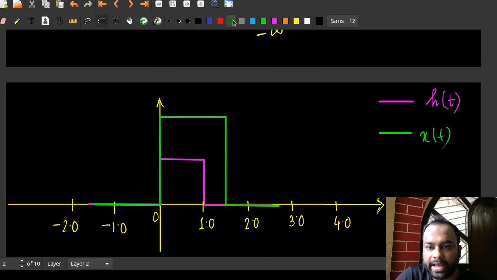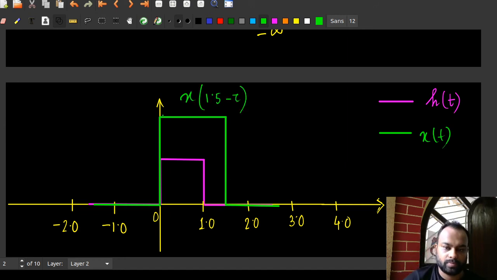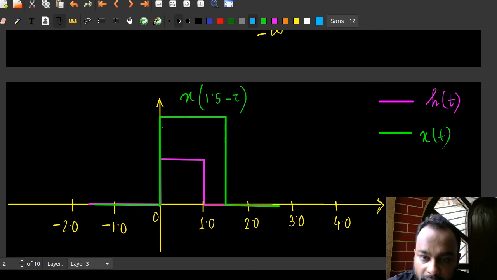So that's going to be x of 1.5 minus tau. And again, beyond tau equal to 1, the overlapping area is 0, the product area is 0. Before tau equal to 0, the product area is again 0. But between these 2 points, the product area does exist, and the area looks like this.